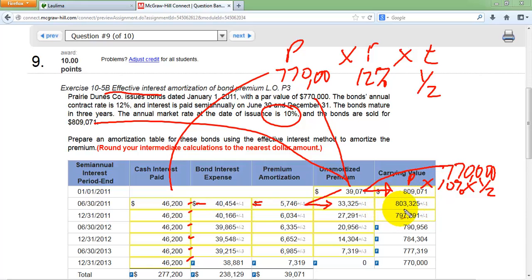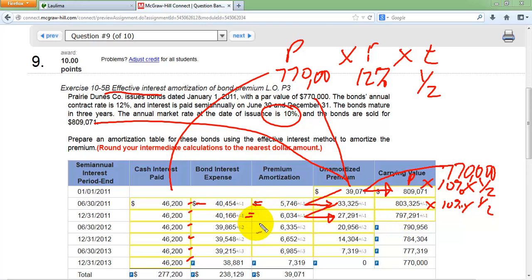And again, you take the interest rate, 10%, for the next 6 months, half a year, to get the interest for the second period. And again, you're still paying the same amount of interest, but the difference between these two is the amount of amortization for the second period. Again, reducing the previous unamortized balance, reducing the carrying value.